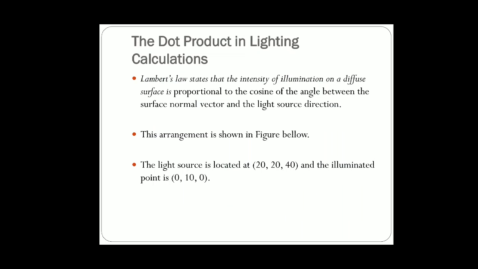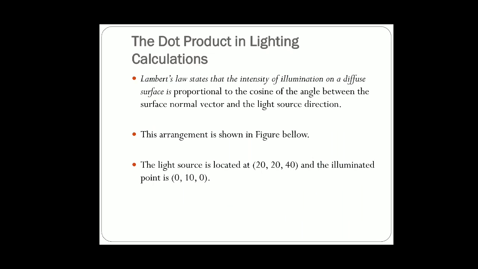Next is the dot product in lighting calculation. Lambert's law states that the intensity of illumination on a diffused surface is proportional to the cosine of the angle between the surface normal vector and the light source direction. Suppose I have an image which has lighting from the above side.